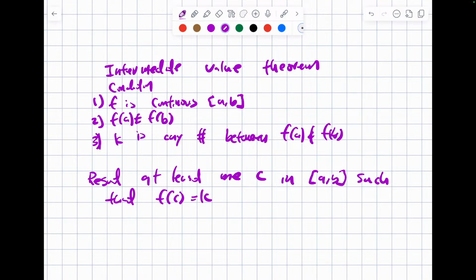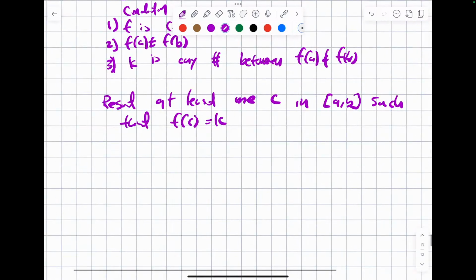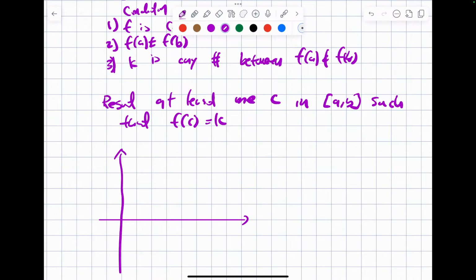So the first thing is they have to be continuous. Between a and b, it has to be continuous. Cannot have a gap. That's the only major condition, actually. This is a and this is b. They cannot be at the same height as well. If they're the same height, it's hard to tell.